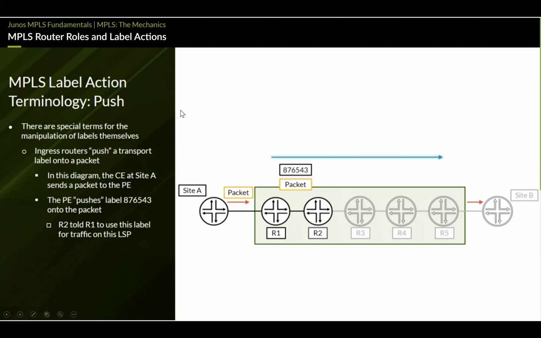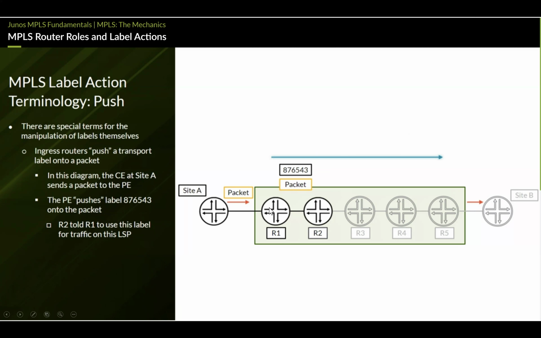So let's go back to our ingress router. Considering I'm sending a packet from site A to site B, and site A is the customer A's router, and router 1 is the provider A's router. The customer is sending a packet to router 1.